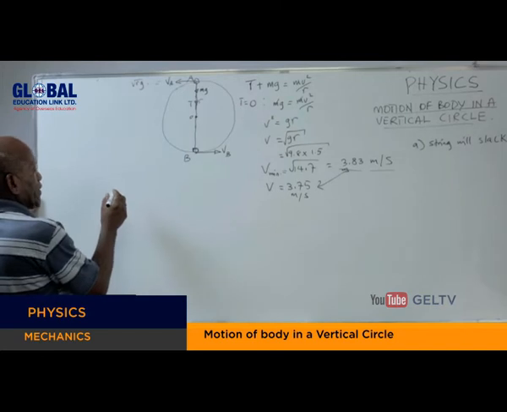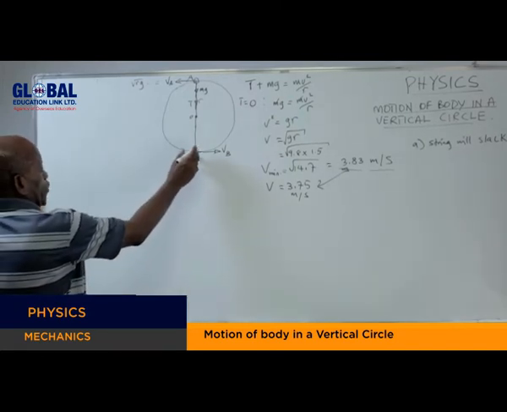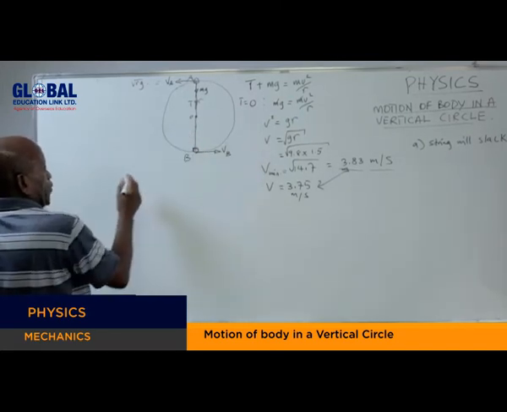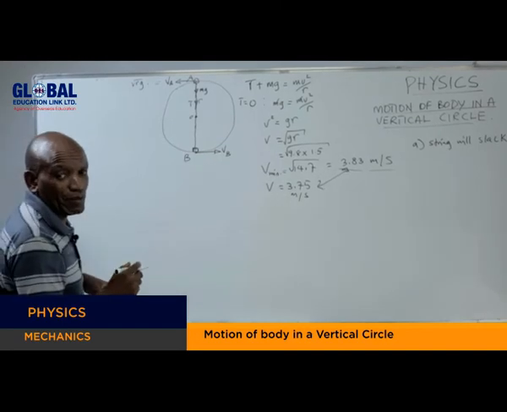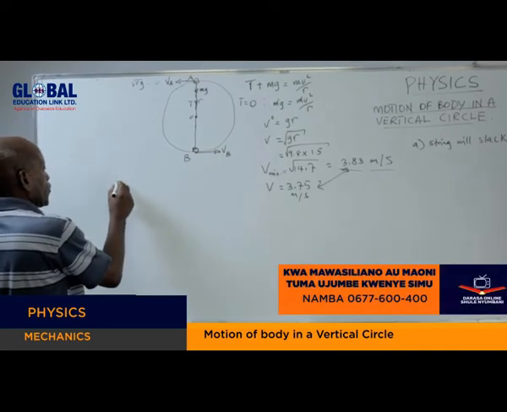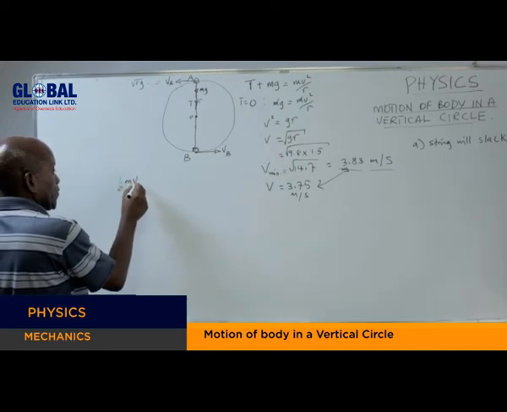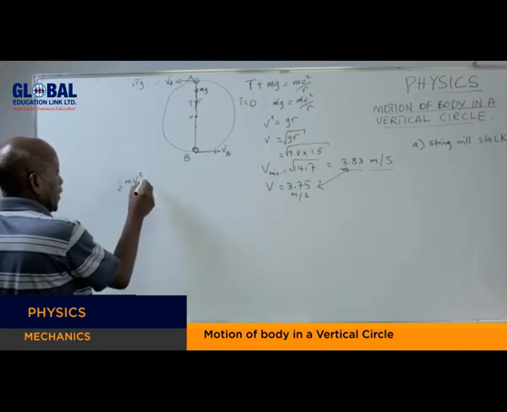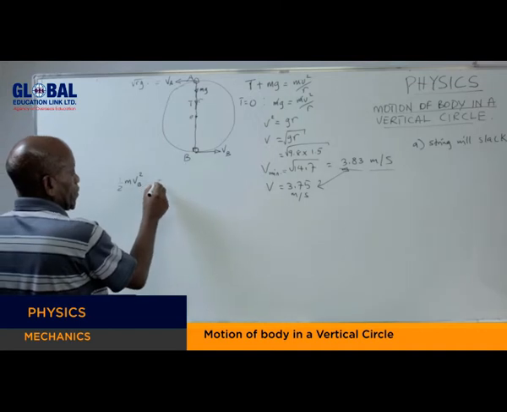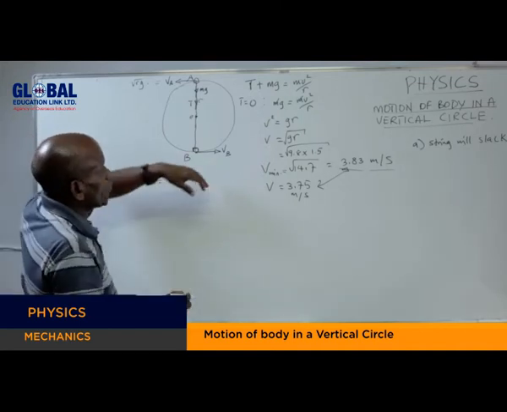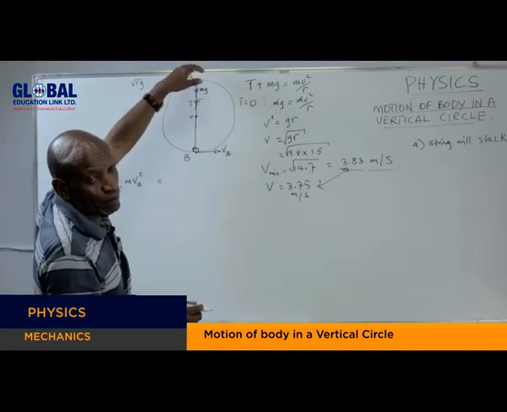So it goes like this. The total energy at the bottom is purely kinetic, which is just equal to a half times mass times velocity at B squared. This will be equal to the total energy possessed at the top.